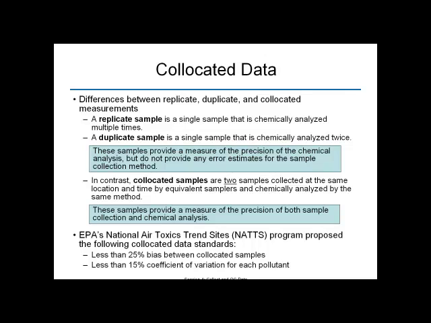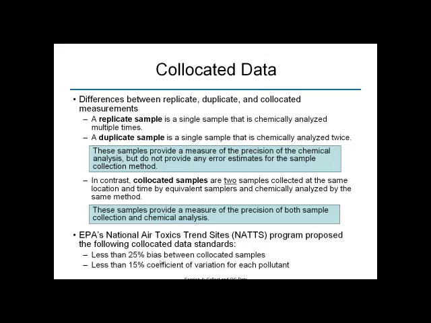And they want less than a 15% coefficient of variation for each pollutant. The coefficient of variation is when you divide the standard deviation of a sample by the average. That's the coefficient of variation. And correct me if I'm wrong there, Hillary. I think that's right. No, I think you're right. Okay, just making sure.